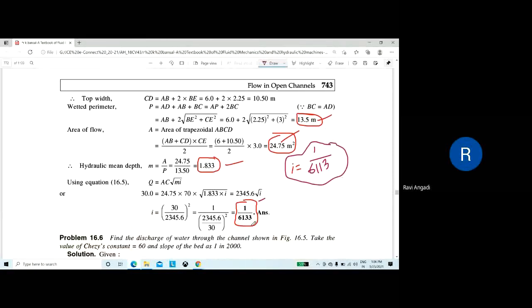Check these answers. Here they have got 6133. No, sir, it is 6113. Okay, so this is the answer. This one is correct. Okay, write this one.